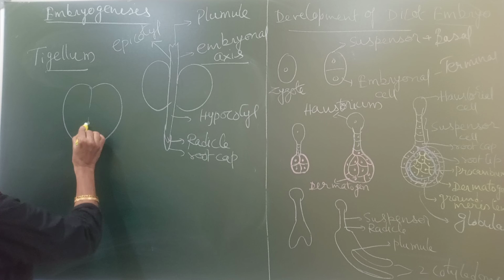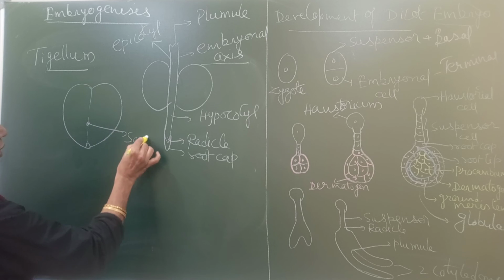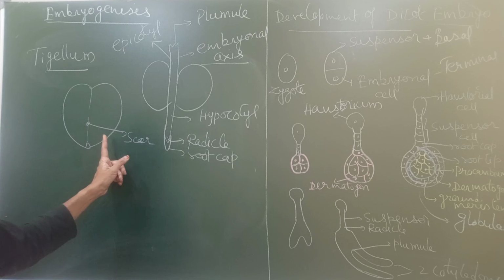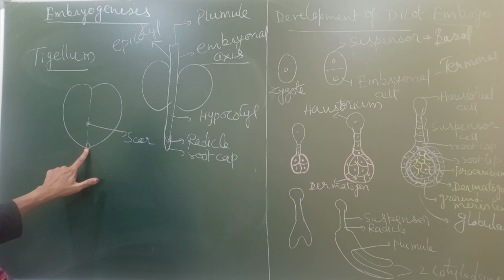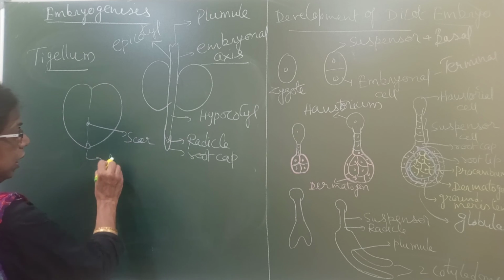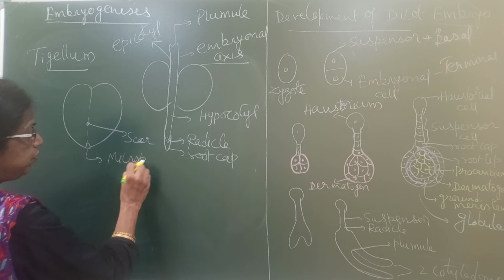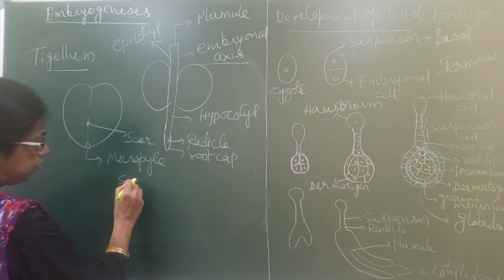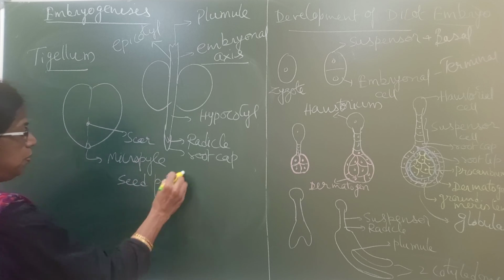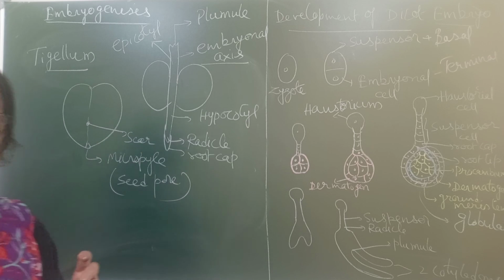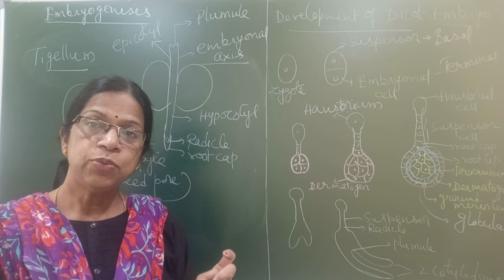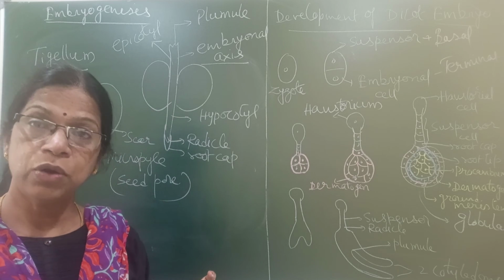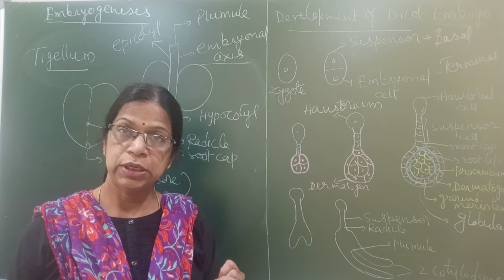This scar indicates the point of attachment of the seed to the fruit. There is also the micropyle, which is the seed pore. The seed pore helps in absorption of water during seed germination. So with that we conclude the dicot embryo and the dicot seed.